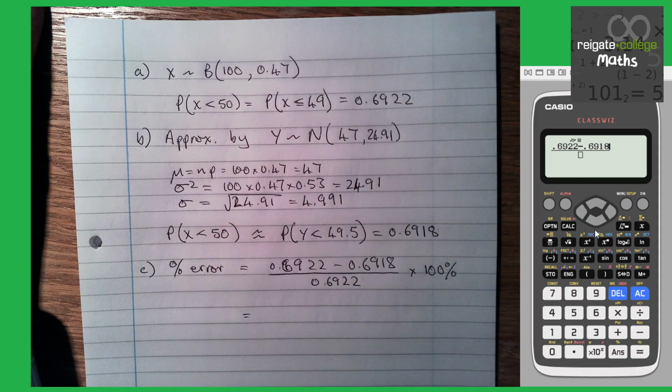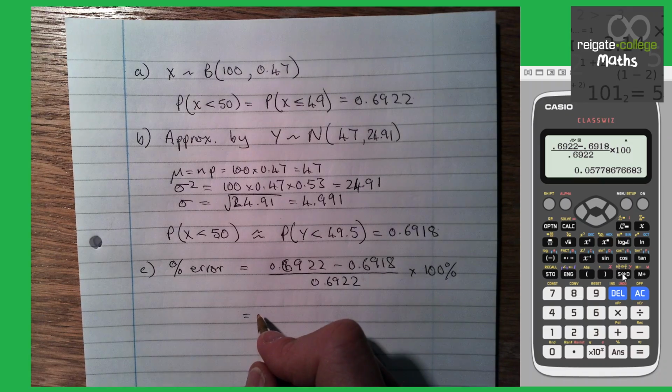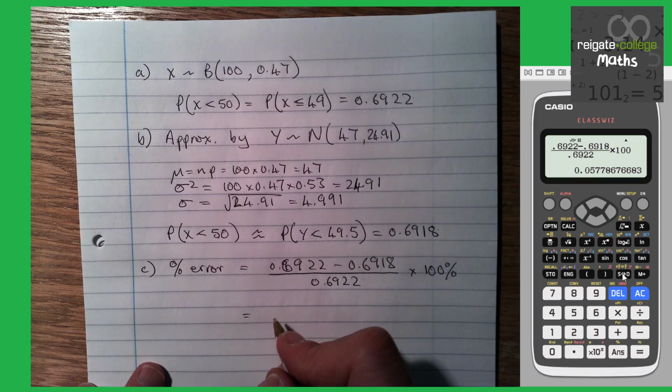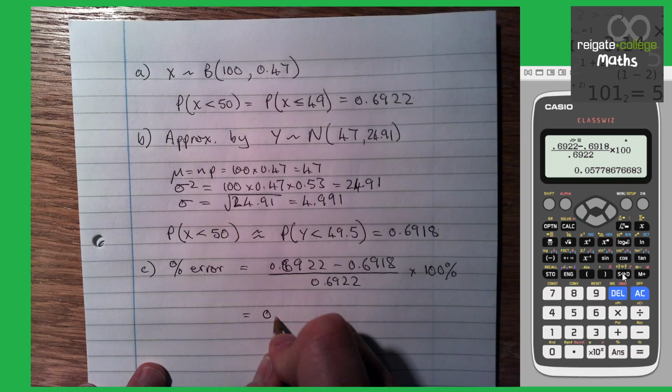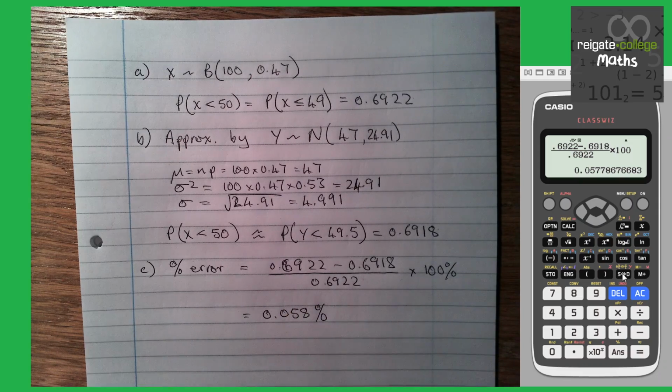Down at the bottom, we're going to have 0.6922, and then we're going to multiply by 100 to turn it into a percentage, and we get the percentage error of 0.06%, or 0.058%.